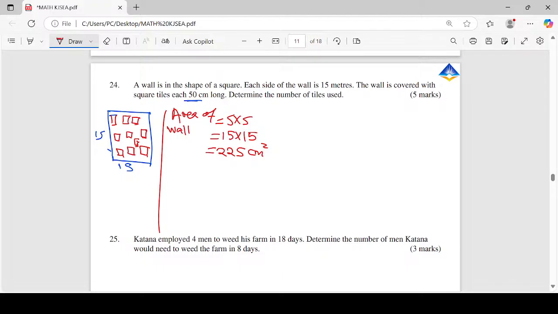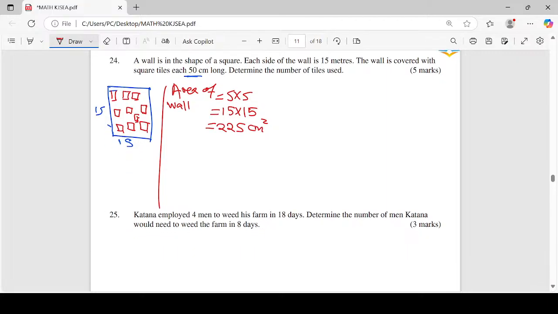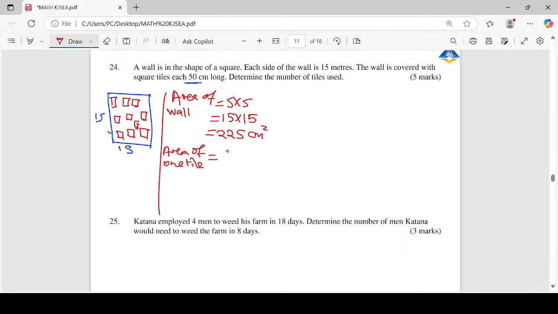After we've obtained the area of the wall, let's also get the area of one tile. Because a tile is also square, it is side times side. I want uniformity in my units. This was meters, so this one should be square meters.